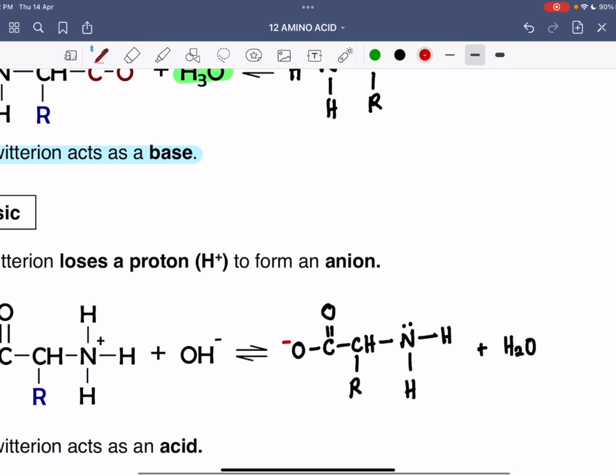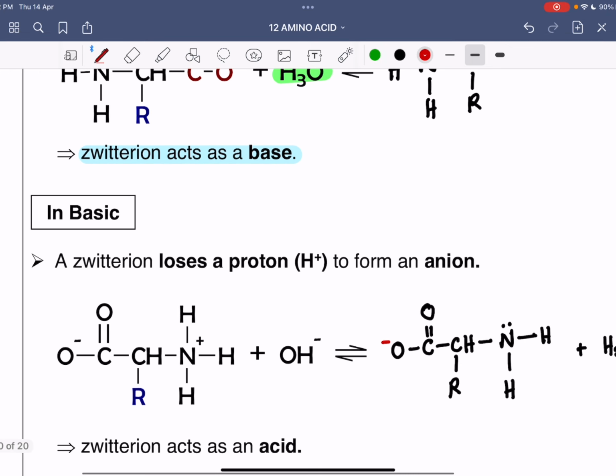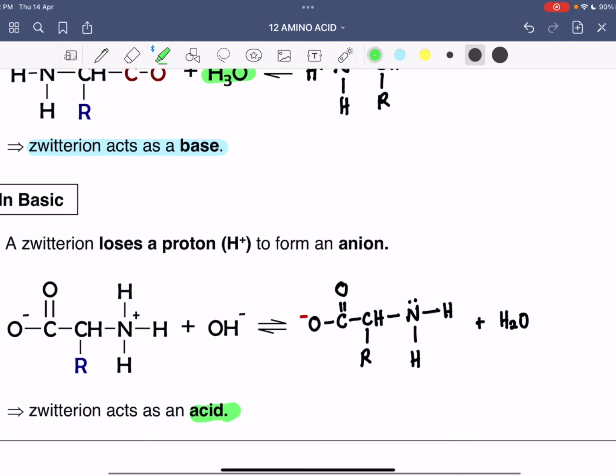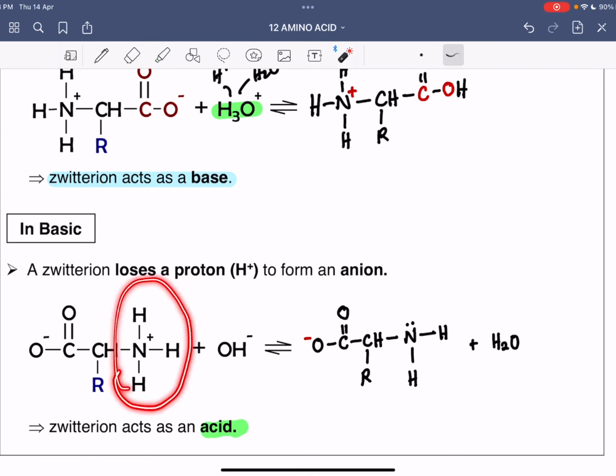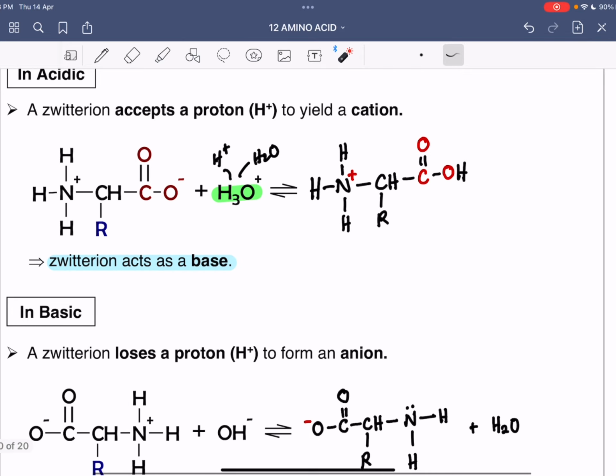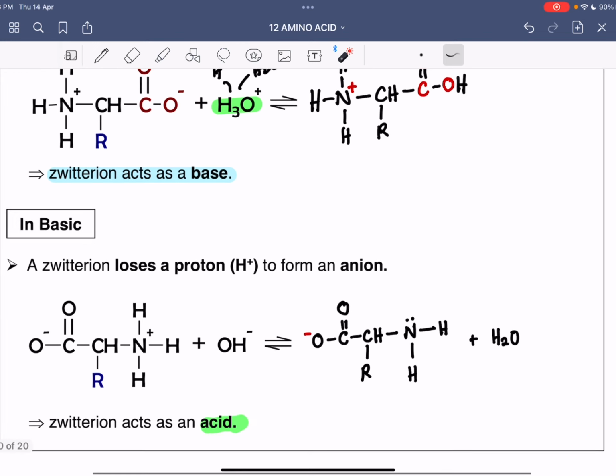So when the zwitterion accepts OH minus, it acts as an acid, and this part reacts with OH. Just now, when we had acid, the carboxylate part reacted with acid.